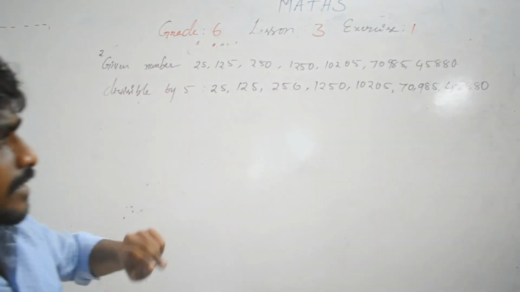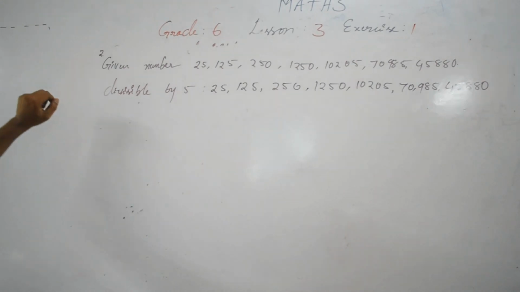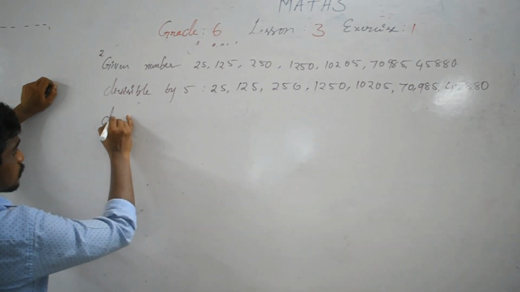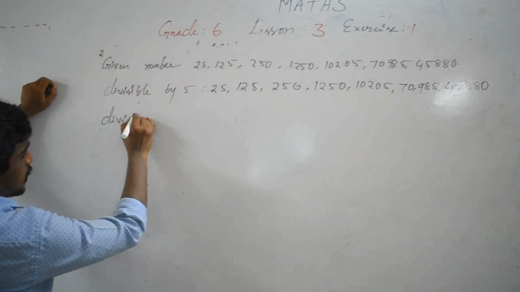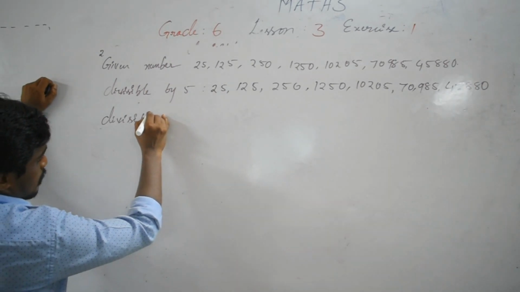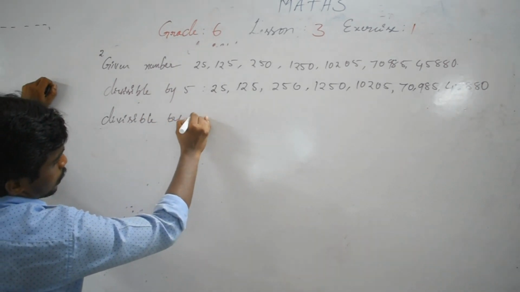These are all numbers divisible by 5. Next, divisible by 10. What are they?